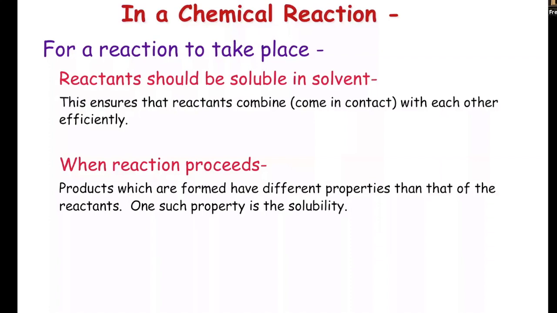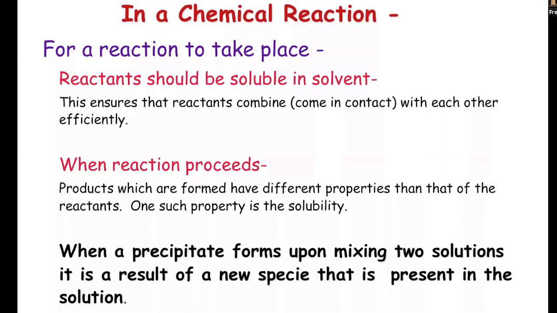And therefore, using its physical properties in solubility, you can isolate it. So when a precipitate forms upon mixing of two solutions, it is a result of a new species that is present in the solution. It's the new species, the byproduct of the reaction.